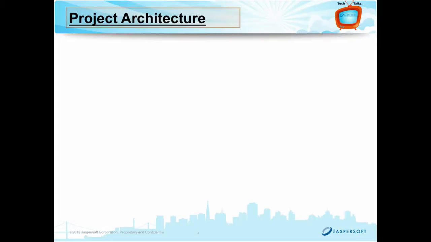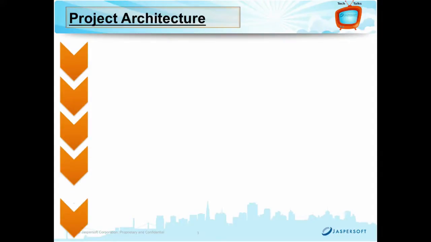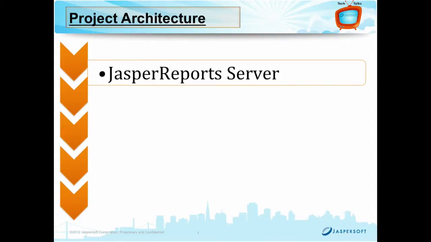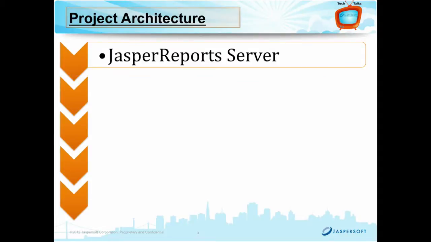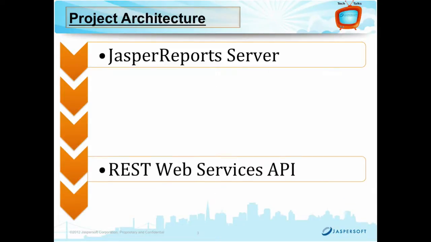So I'm going to go ahead and give you a bit of an overview of the project architecture and the way I went about implementing the features you just were demoed. So you could look at the project architecture as having 5 main levels. The first would be Jasper Report Server, which also comes with a standalone interface, but in our case we're using the functionality and we're embedding it in our own application.